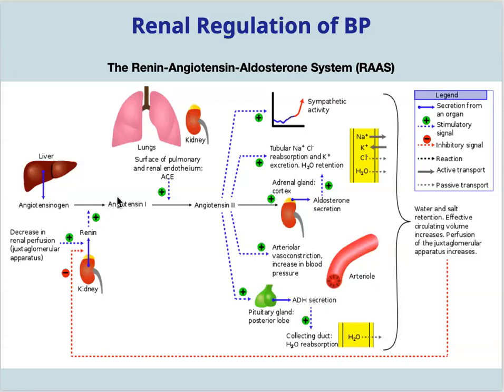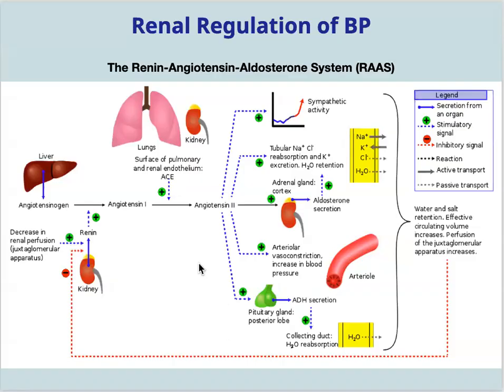Now, angiotensin I can then be converted to angiotensin II by this enzyme called the angiotensin converting enzyme, ACE. Now, this conversion by ACE occurs in the lungs, but also in the endothelial cells of blood vessels throughout our body.